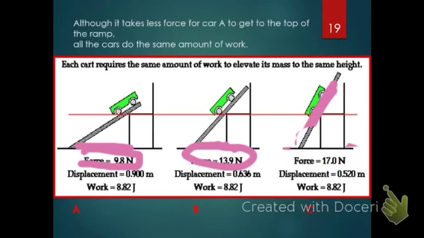Okay, so when it says displacement, that means the distance from where you started to where you ended. So this right here, from here to here, is your displacement. So our force, as we get steeper, our force gets greater, but our displacement gets lower.